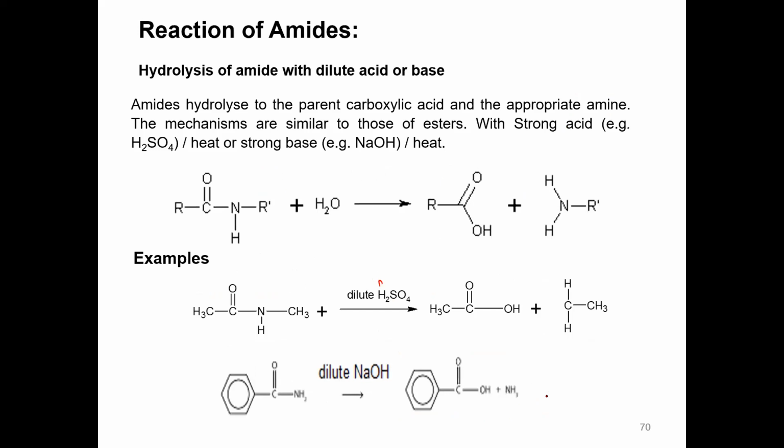So reaction of amide is about hydrolysis of amide with dilute acid or base to produce a carboxylic acid. That is all, if I am not mistaken. Amides hydrolyze to the parent carboxylic acid and the appropriate amine. The mechanism is similar to that of ester with strong acid, for example H2SO4, and heat, or strong base, for example sodium hydroxide and heat.